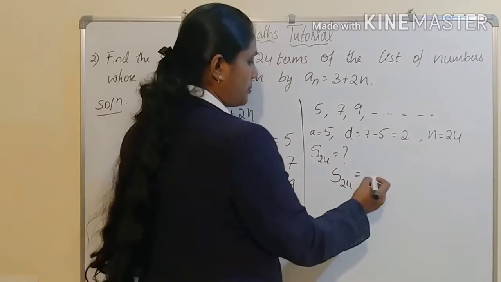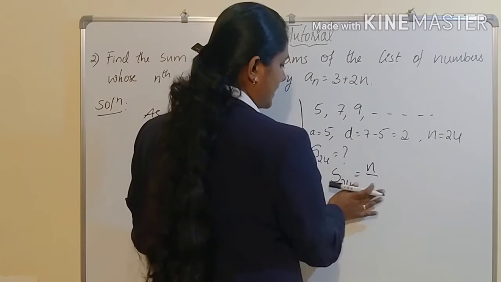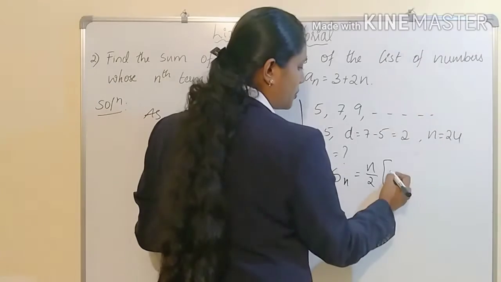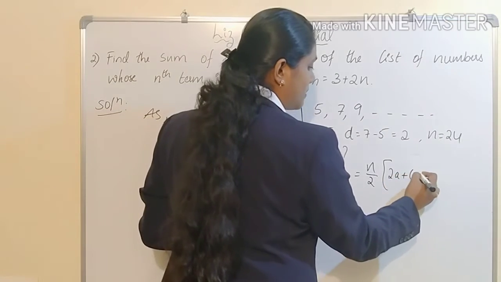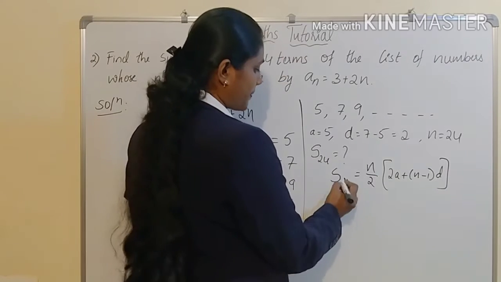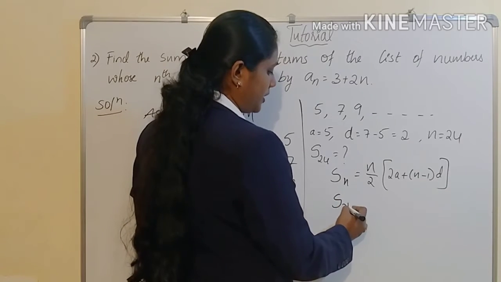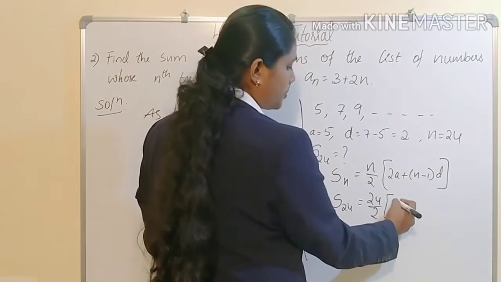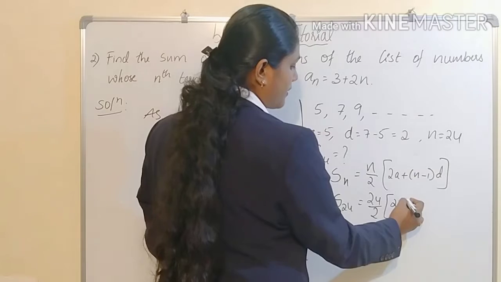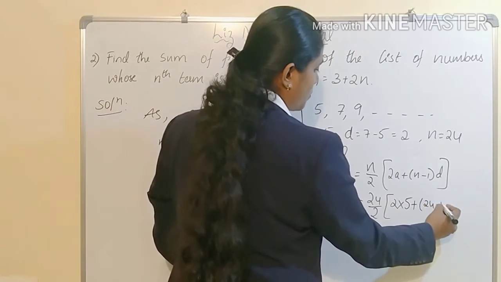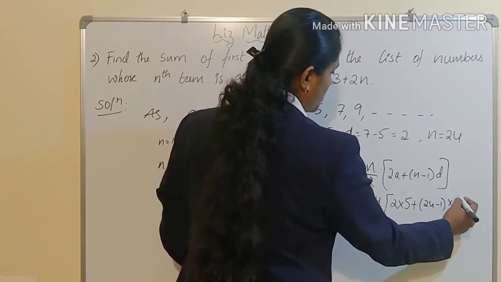So you have to use the formula Sn is equal to n by 2 into 2a plus n minus 1 into d. What is n? n is 24. So 24 divided by 2 into 2 into 5 plus 24 minus 1 into d, which is 2.